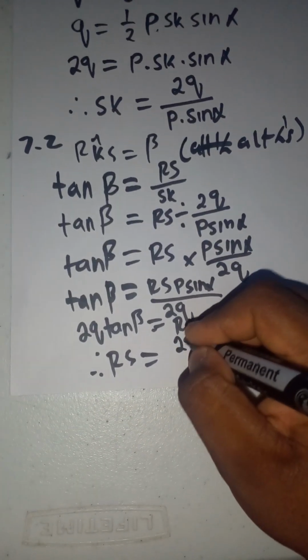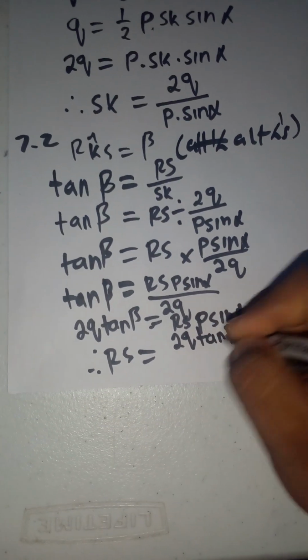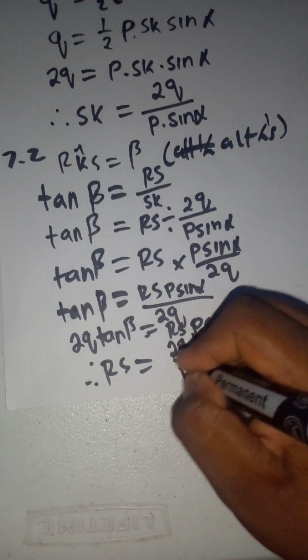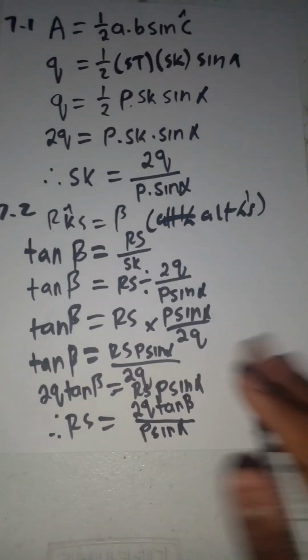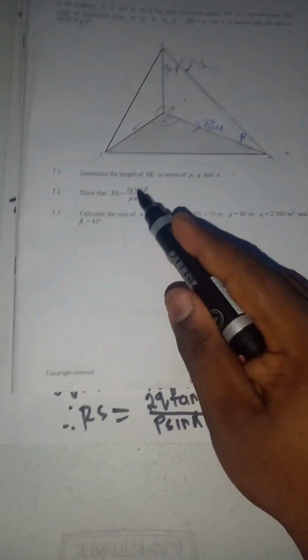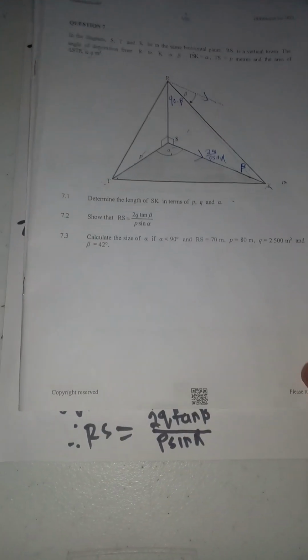So it will be 2Q tan beta over P sine alpha. Can you see it now? So this is the same thing that they said we must show: 2Q tan beta over P sine alpha. Is it fine?